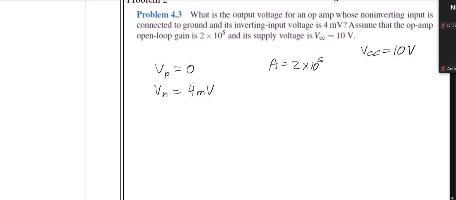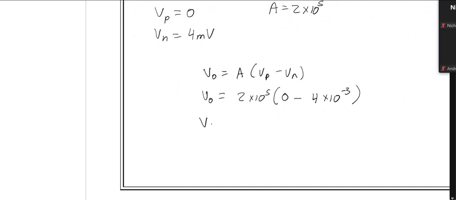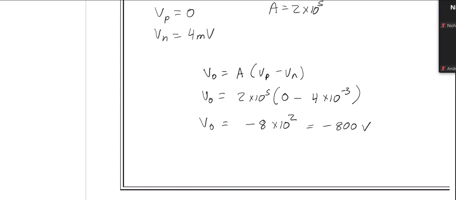Okay, so we know that V out equals A times VP minus VN, or V out equals 2 times 10 to the 5th times 0 minus 4 times 10 to the negative 3, or V out is negative 8 times 10 squared, or negative 800 volts.